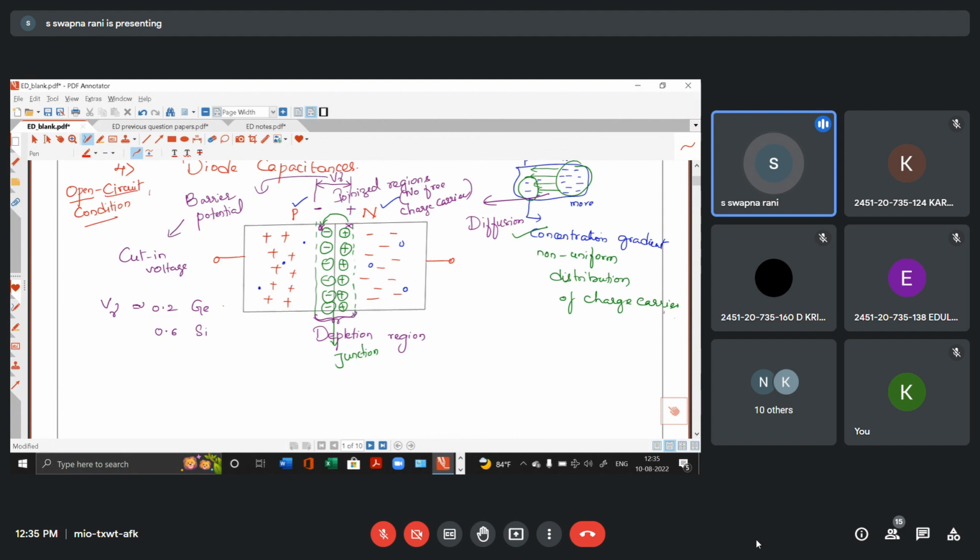Depending upon the doping, the cut-in voltage is 0.2 for germanium and 0.6 for silicon.